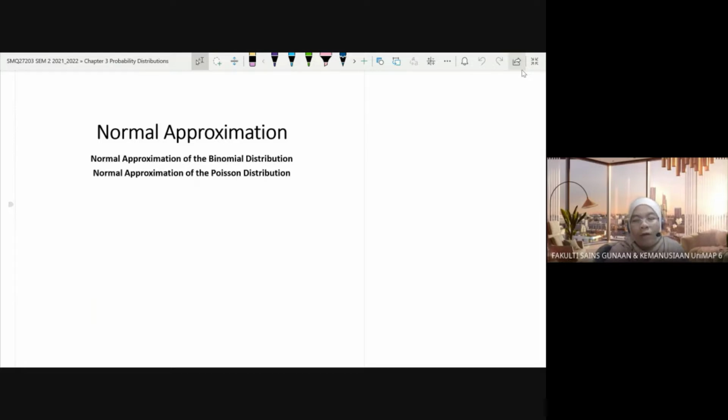This means we are given a binomial experiment, but we solve it using Poisson approximation. For today's session, we are going to see the normal approximation of the binomial distribution and the normal approximation of the Poisson distribution. That will finish up our chapter 3.